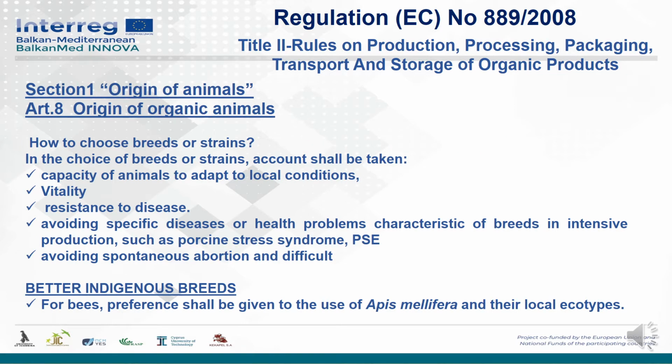Continuing Title 2, Rules of Production, Processing, Packaging, Transport and Storage of Organic Products. Let's start with Section 1, Origin of Animals, with Article 8, Origin of Organic Animals. So the question is how to choose breeds or strains.